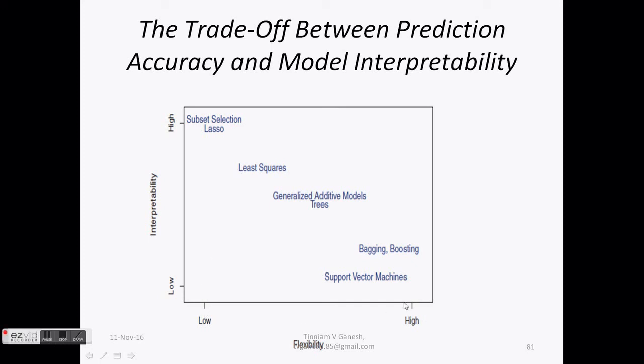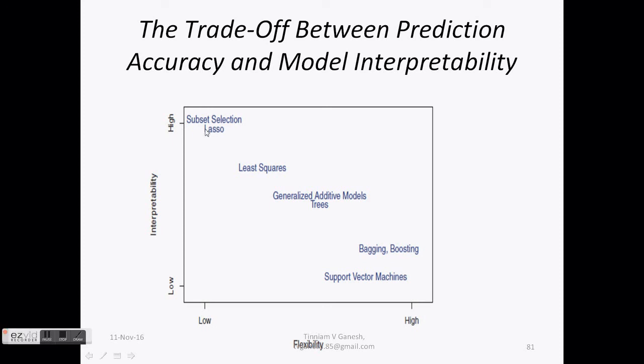Here are some of the trade-offs. What this shows is that there are different models of machine learning, and each of them is best suited for different purposes, with pros and cons. If you look at least squares, that is your linear regression, which we saw with gradient descent, it is typically not very flexible, but it is highly interpretable.